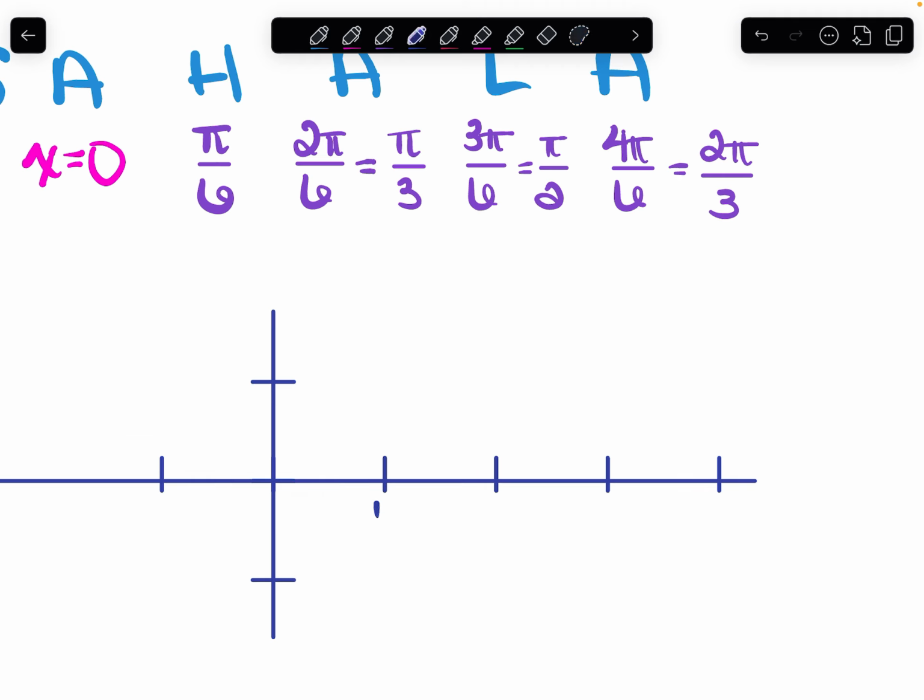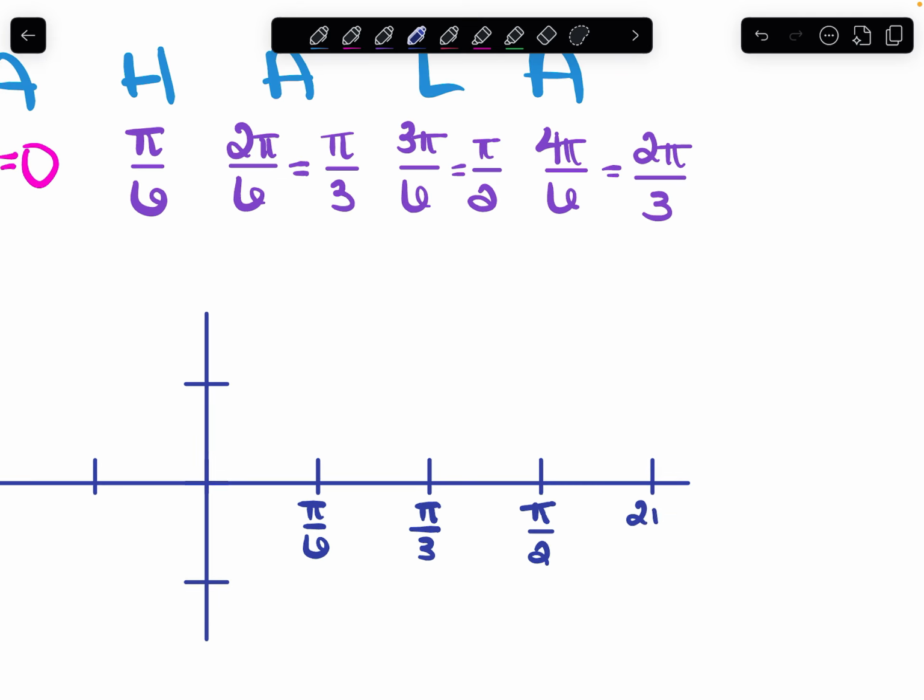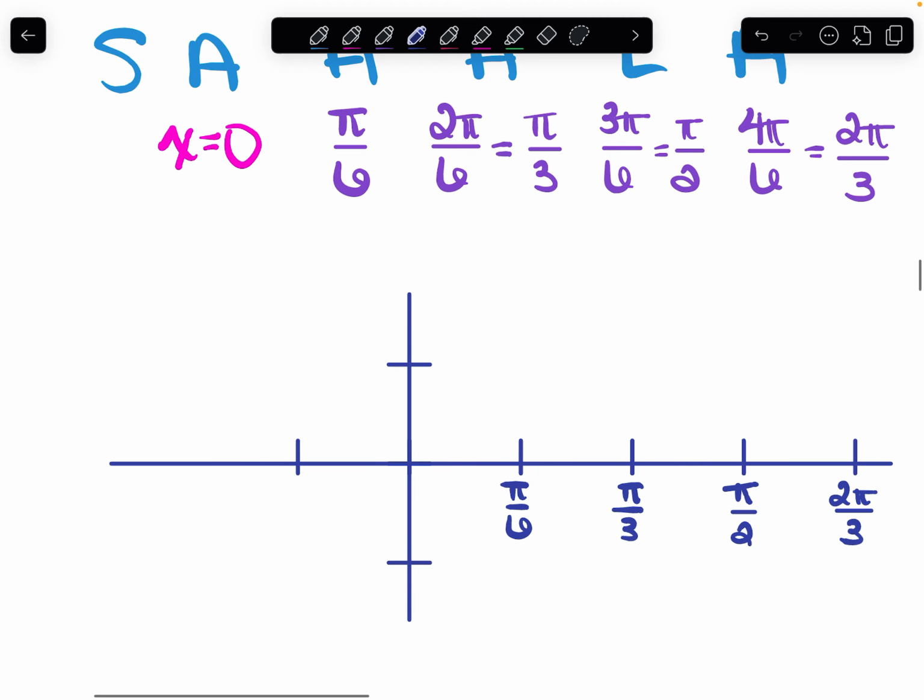So these are our pi 6, and then pi third, pi half, 2 pi third. And then negative critical value, we would then go to the left, so subtracting pi 6, which would put us at 0, subtract another pi 6, which would put us at negative pi 6.